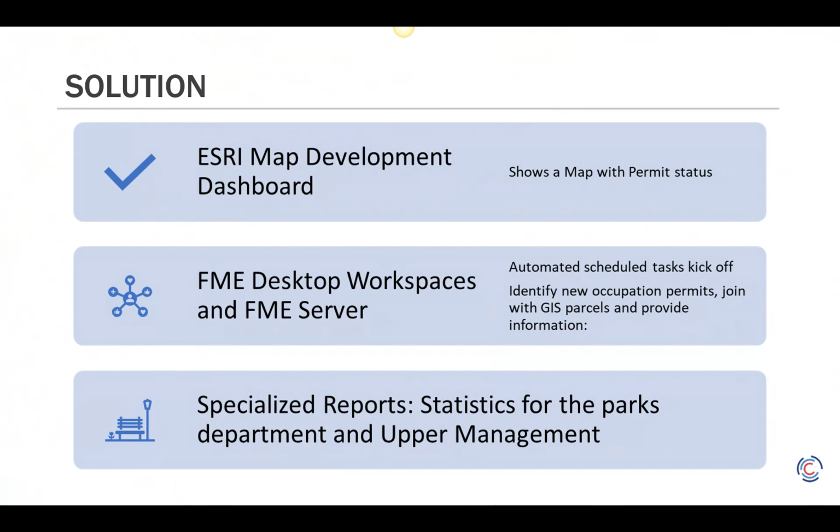First was to create an Esri dashboard, and then in the back end of that, there are some FME workspaces that run on FME Server, that I'll talk about, that integrate the data from the permitting application and the GIS application in order to create the information that we're displaying on this dashboard. And then a number of other specialized reports and utilities were developed for other specific groups, statistics for the Parks Department and statistics for upper management, for instance.